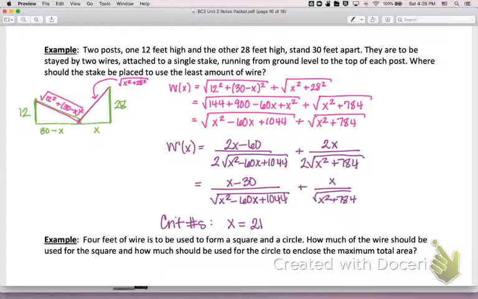So now we need to do some testing here, because we don't just need to know, is this going to be a maximum or a minimum? This is, in a way, going to be a closed interval problem, because we could technically stake the wire at the bottom of one of the posts.